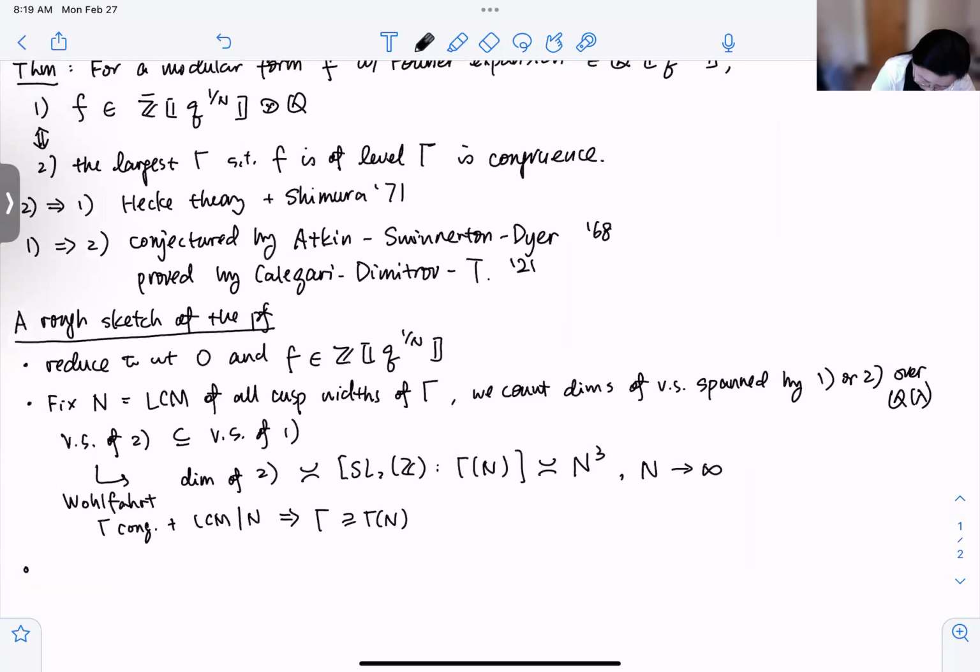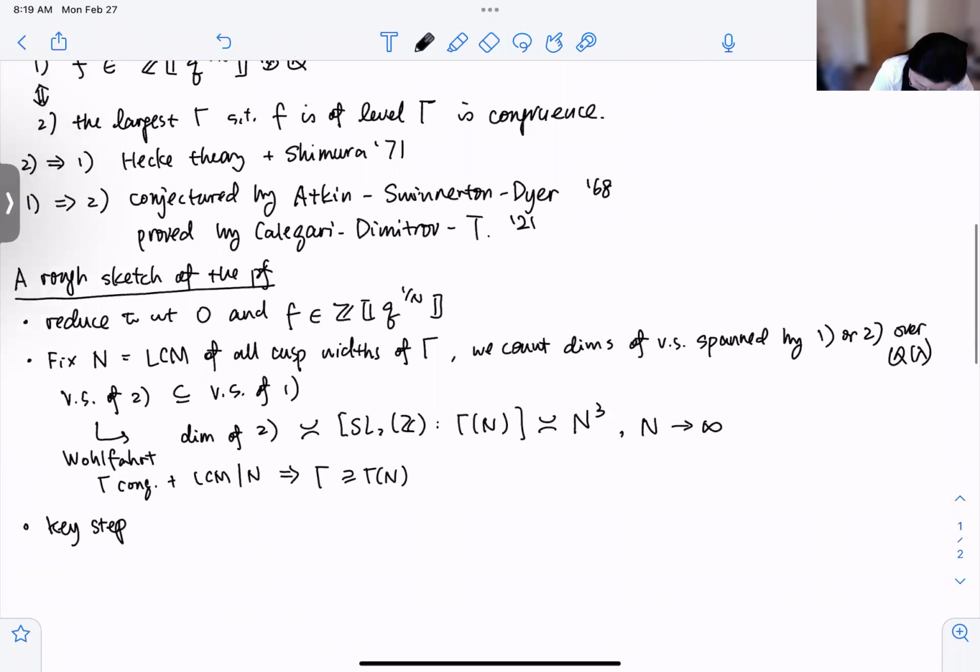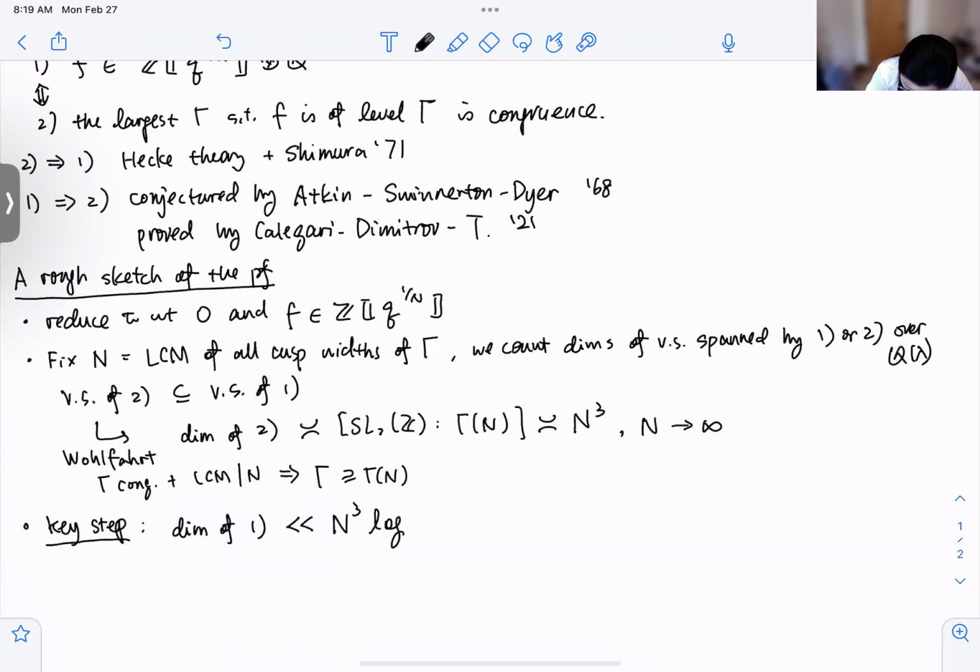And then we have a key step: how do we say something about the dimension of V1? The dimension of V1 is at most n cubed log n.